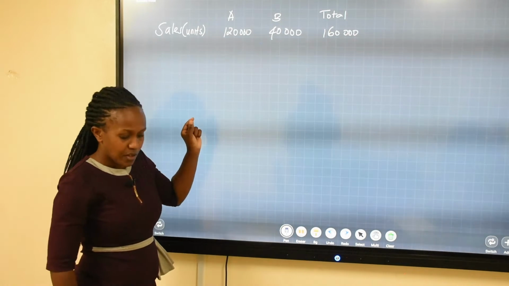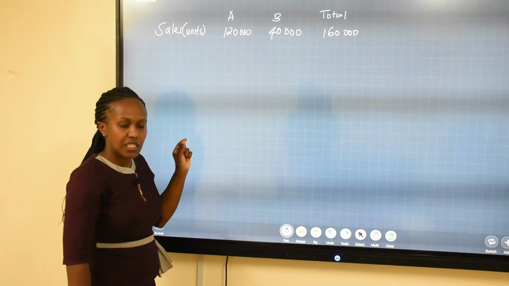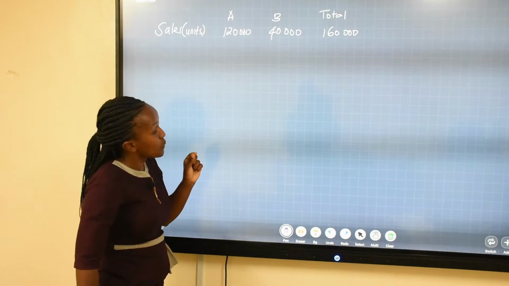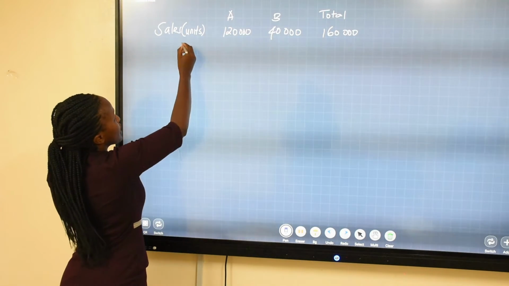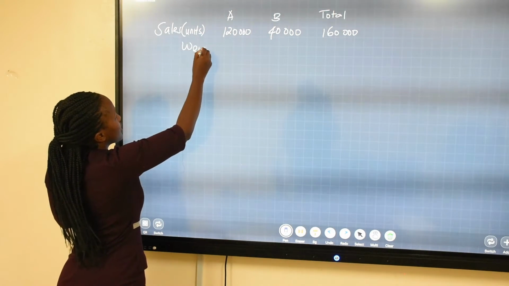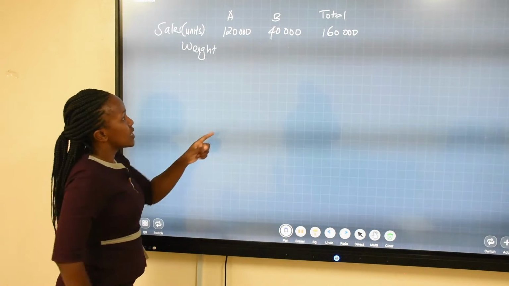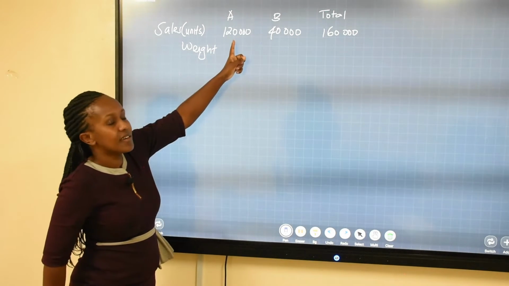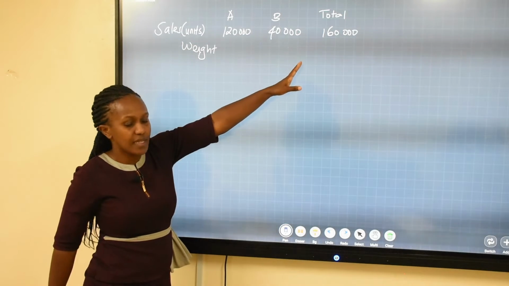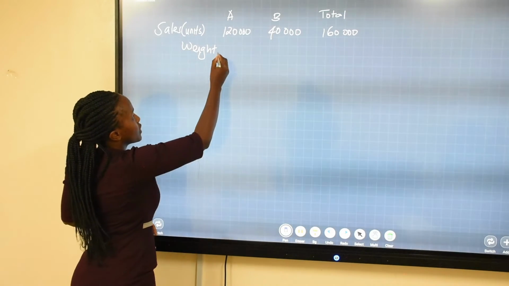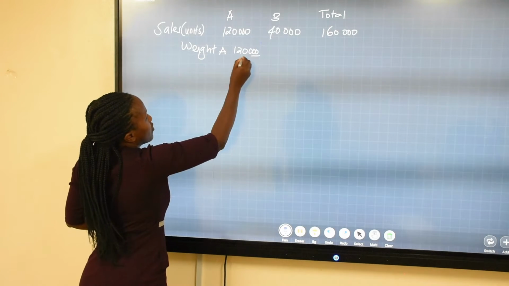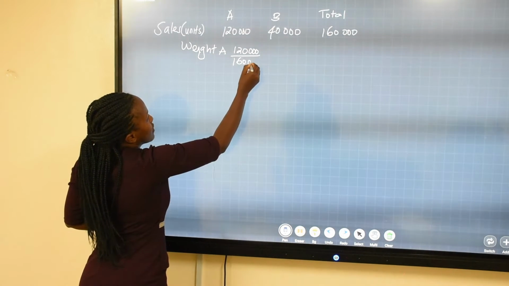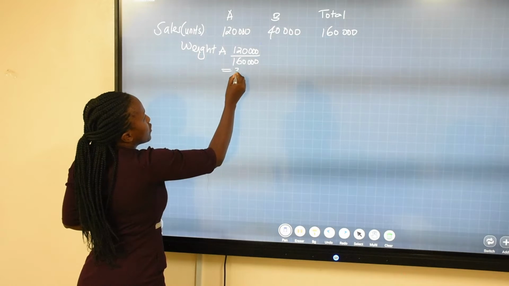So from this, the first thing we can do is to get the weight. That is the weight of A and the weight of B from this question. So the weight of A is 120 units divided by 160 units. So we are saying weight of A is 120,000 over 160,000. This is equal to 3 over 4.